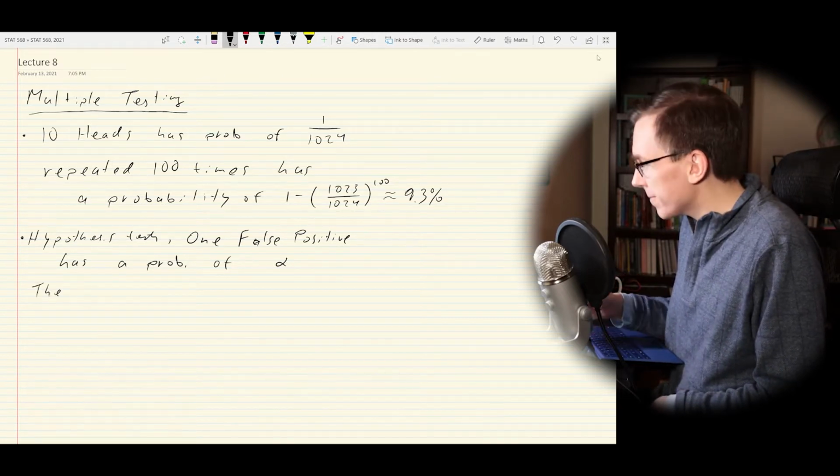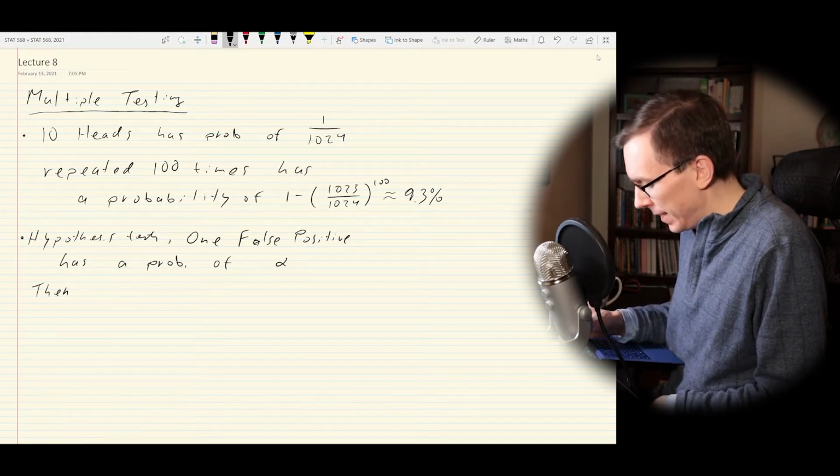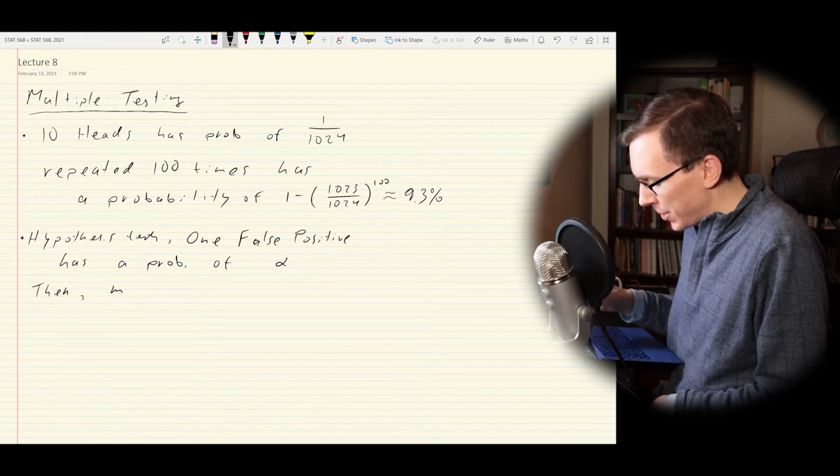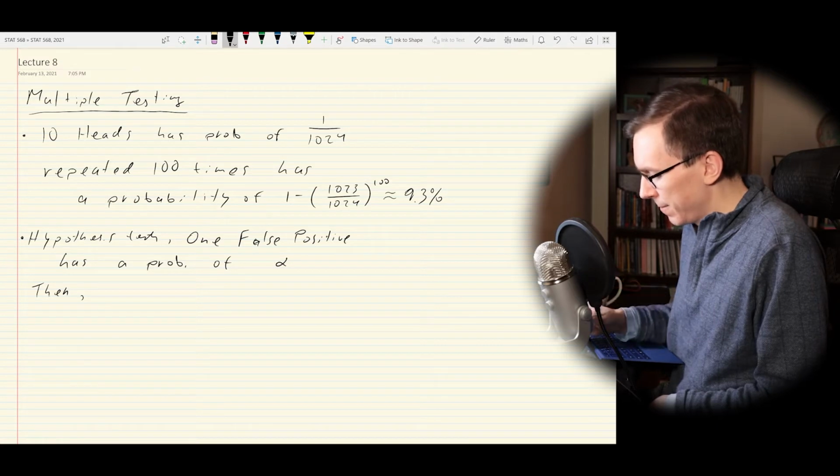Then I think my notation is M, or I should say, makes this more precise.